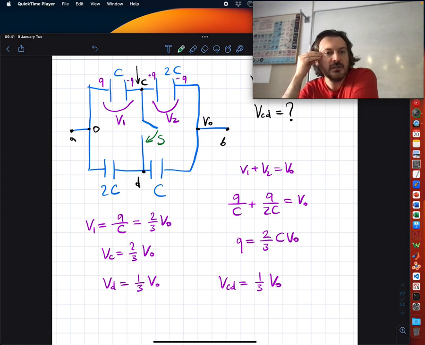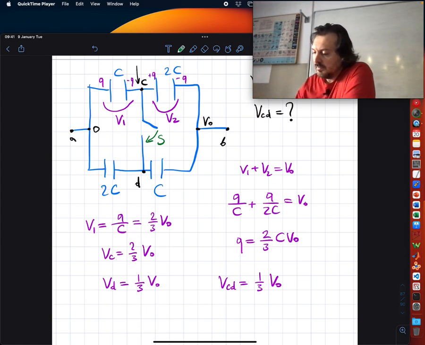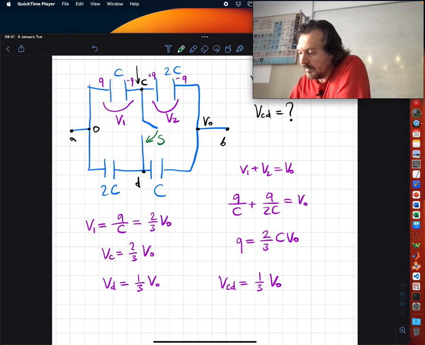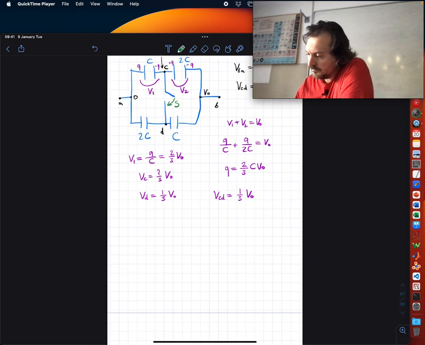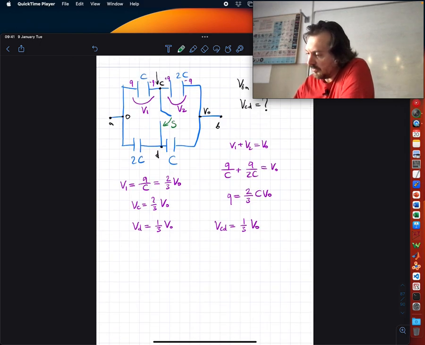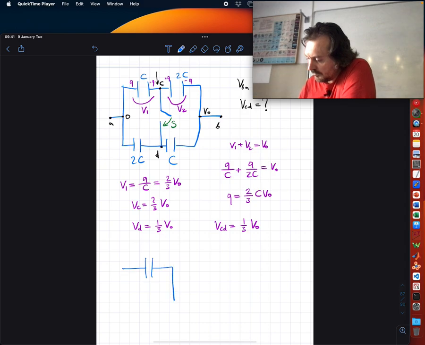Do you have any comments here? Now that we closed the switch, the point C and point D should have equal potentials. Very good.